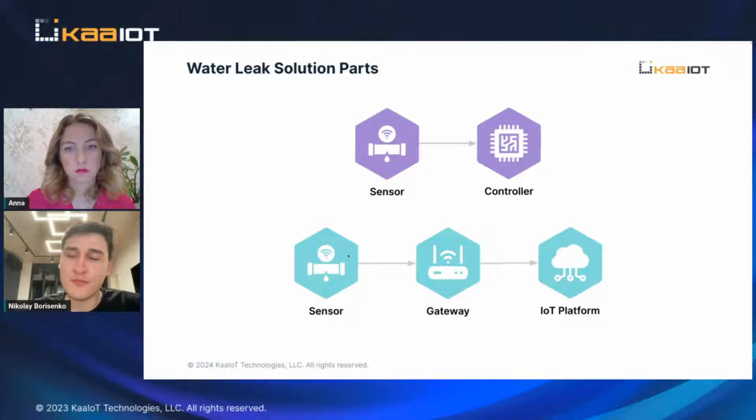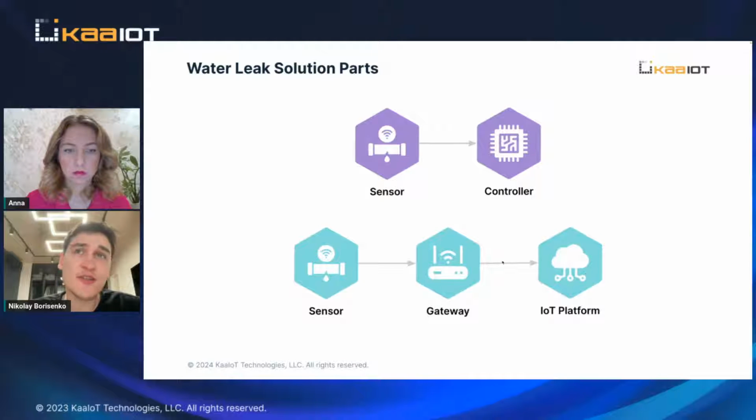Another approach is more convenient from the installation part, and also as stable as a controller. It has a sensor, gateway, and IoT platform. In such a case, sensors also can be wired or wireless, but usually it's wireless. The gateway is a place which allows you to provide connectivity between your real sensors and the IoT platform.